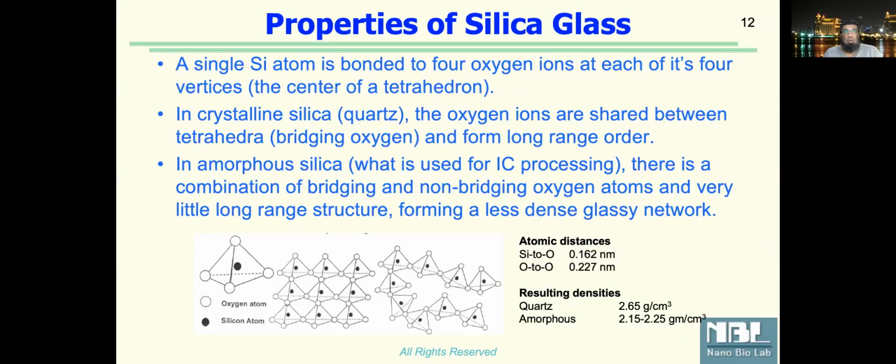So if you would look at this graphic, it's given on this slide, you would see that a single silicon atom is bonding to 4 oxygen ions at each of its 4 vertices. And that would be what would be true for what you call crystalline silica, very fine silica.